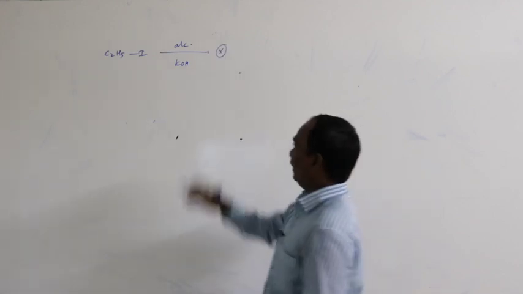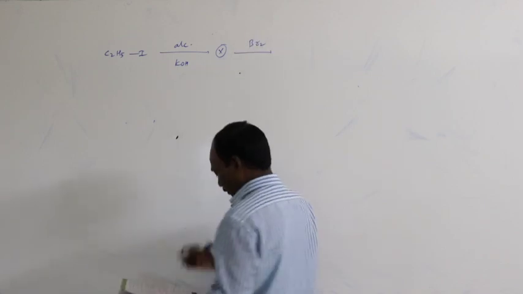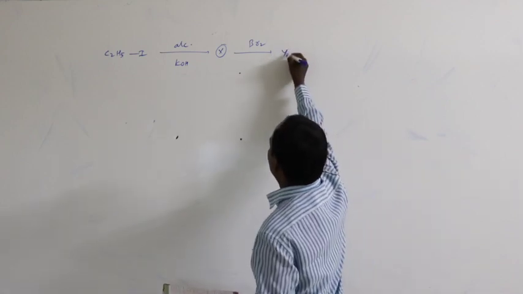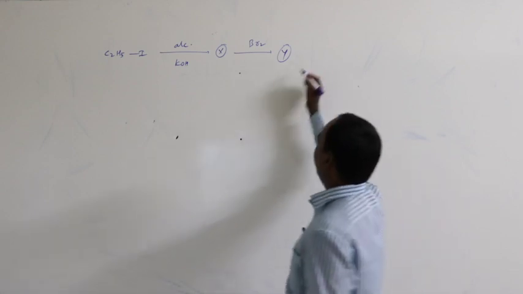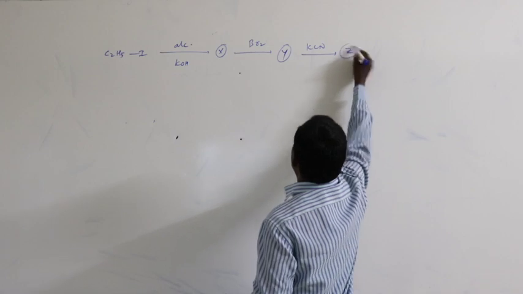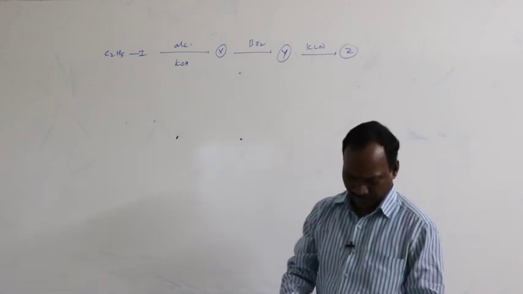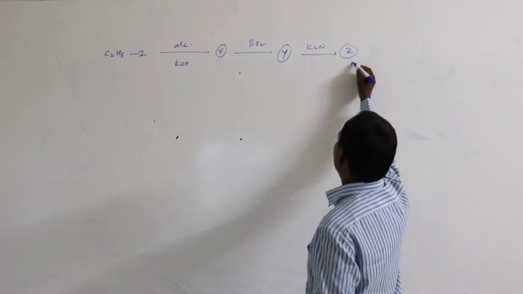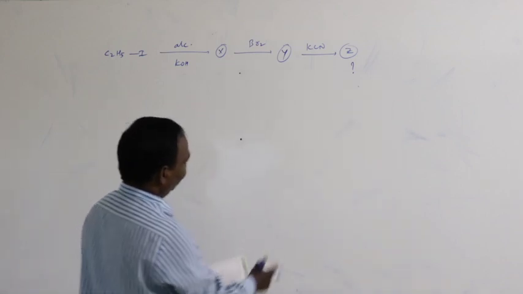Compound X on treatment with bromine, Br2, is given by compound Y. Y on treatment with KCN gives compound Z. In this reaction, what is Z compound? Your options are given like this.